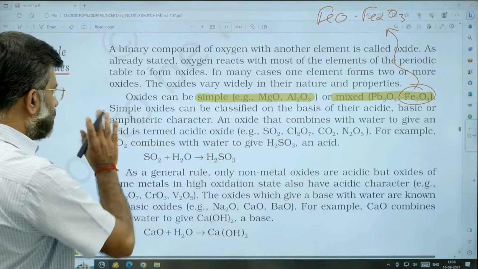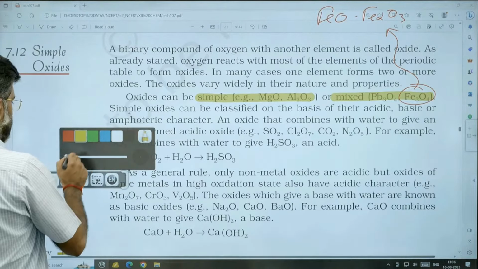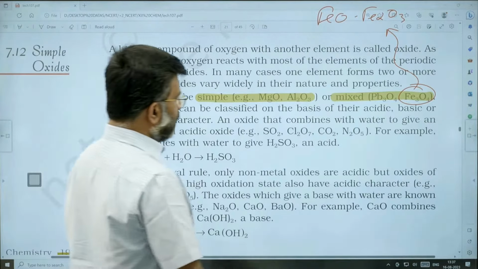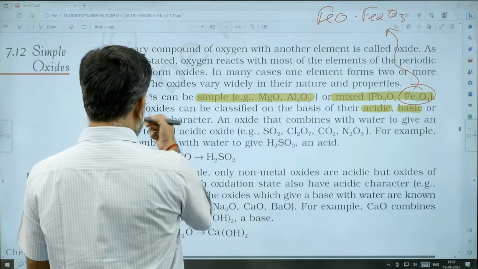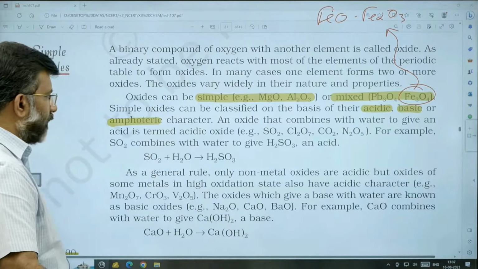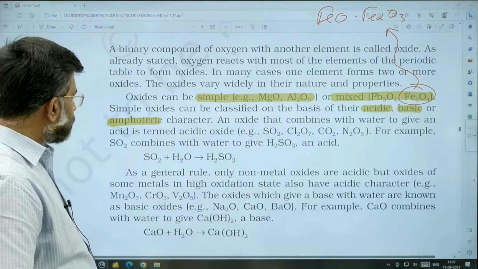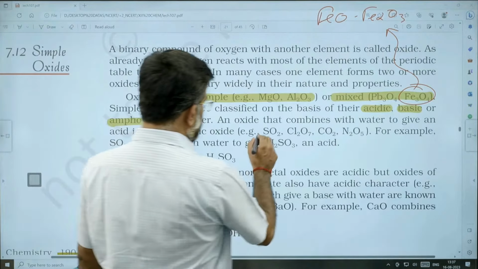They are simple oxides and mixed oxides. Further classification comes as acidic oxide, basic oxide, amphoteric oxides, and even neutral oxides.